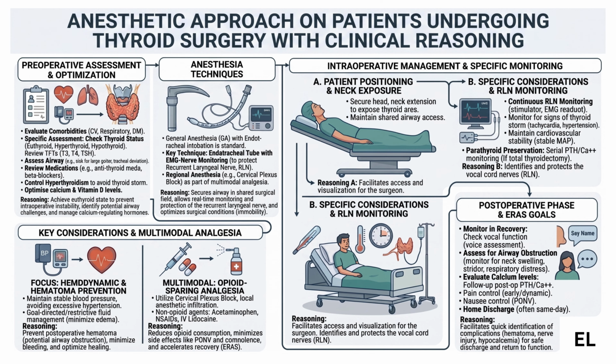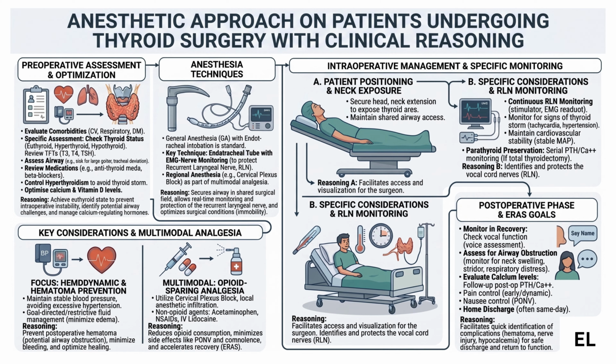Next, let us step into the operating room and discuss intraoperative management and specific monitoring, starting with patient positioning. The patient is placed in a supine position with neck extension, often referred to as the sniffing or rose position. This positioning helps expose the thyroid gland clearly, making the surgeon's job easier.